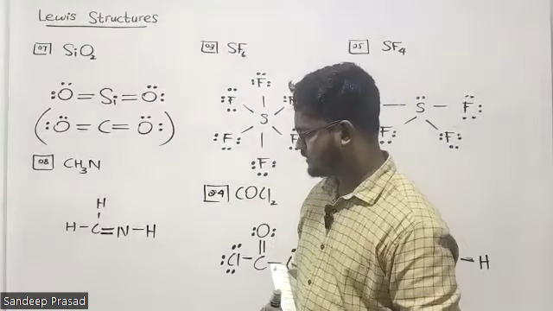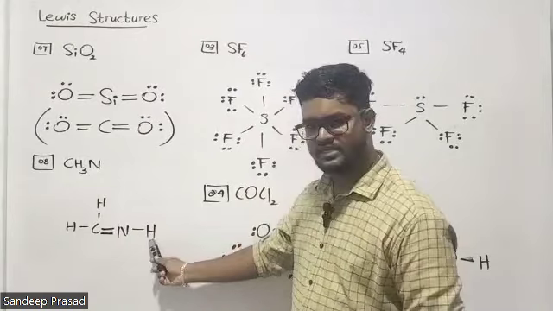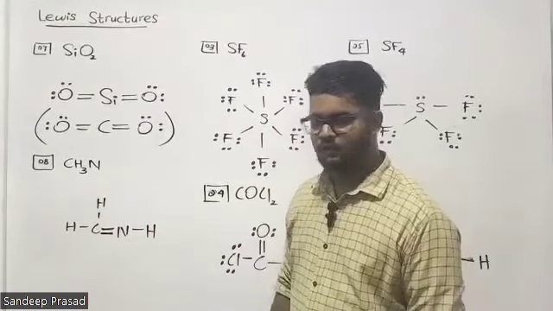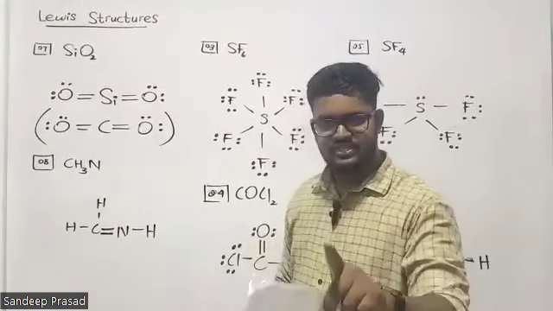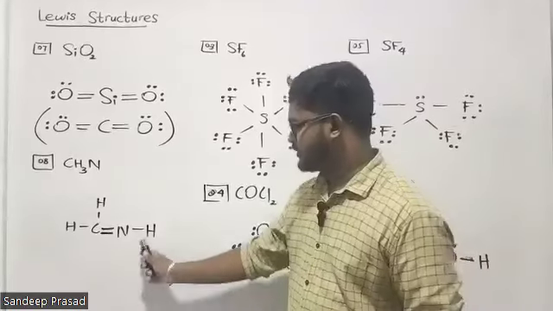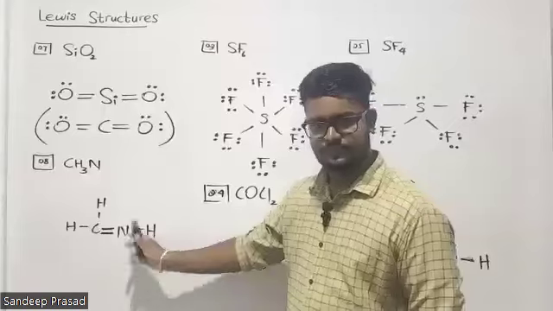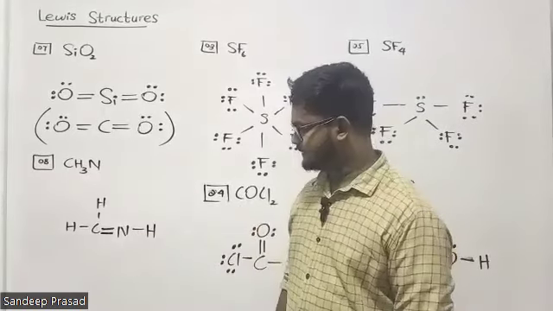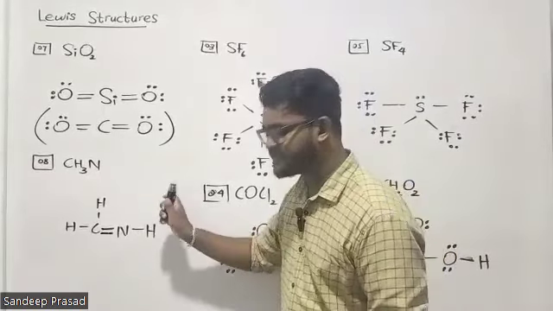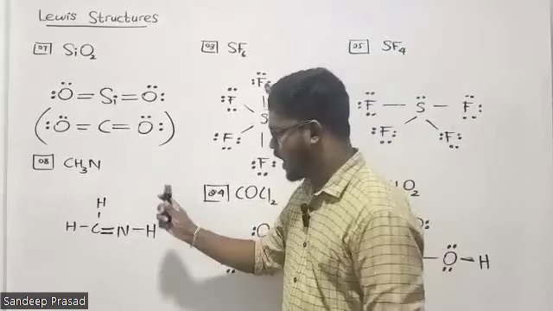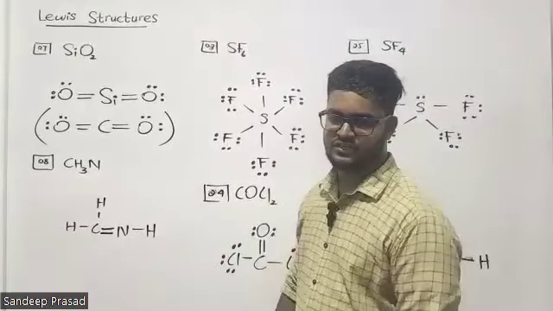So then what about nitrogen? Okay, don't worry. Remember, nitrogen cannot make more than one bond with hydrogen because hydrogen is always making one. So therefore, we have to forget about bonding here, hereafter. The nitrogen hydrogen bond is permanent. Then how can we satisfy the octet of nitrogen? How can we reduce the charge of nitrogen?